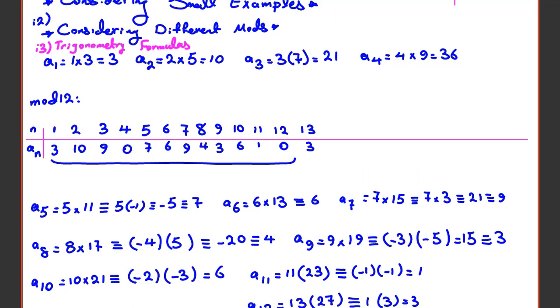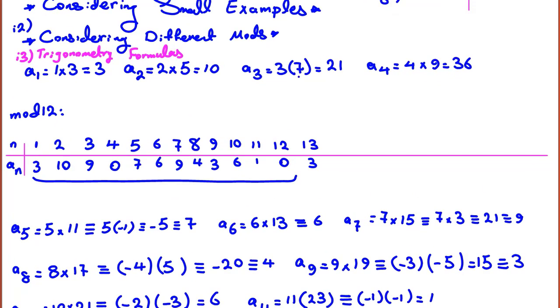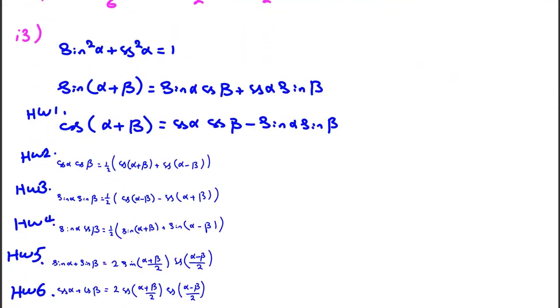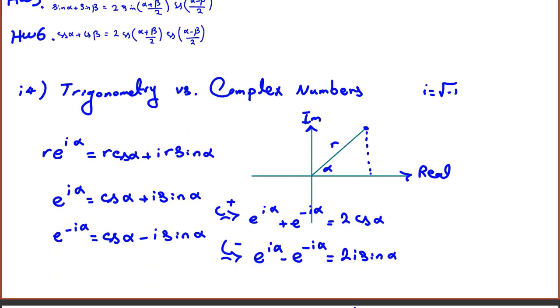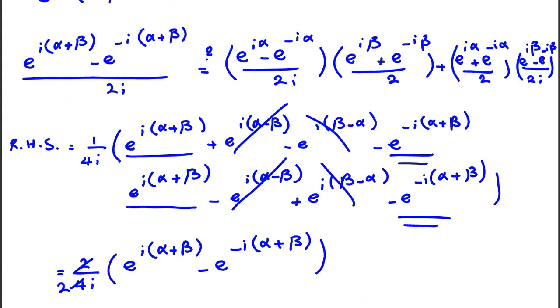Considering small examples, considering different modes and trigonometric formulas, and also the relationship of trigonometry to complex numbers. Let me tell you some homeworks here. I've told you 6 homeworks. Homework 7.